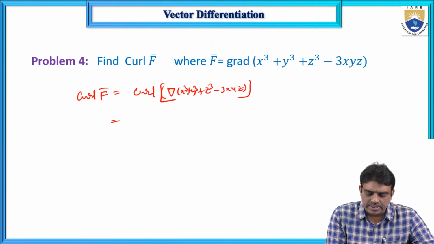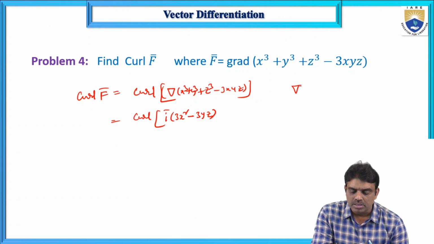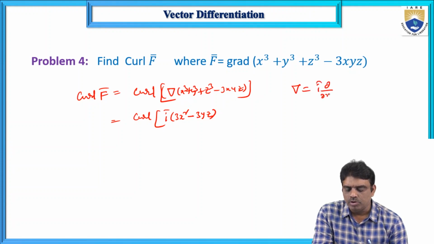First you find the inner term: i bar ∂/∂x of this one, i bar into 3x² minus 3yz. I am writing directly. Del means the differential operator i bar ∂/∂x plus j bar ∂/∂y plus k bar ∂/∂z.